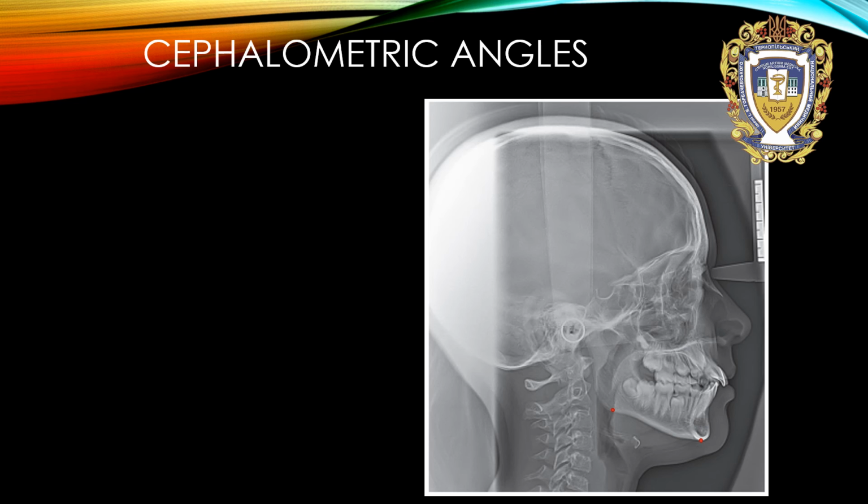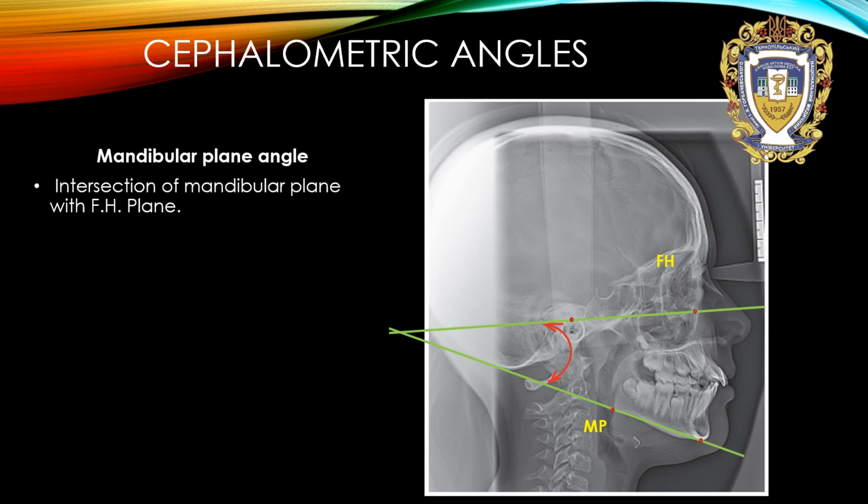And last cephalometric angle, mandibular plane angle. It is intersection of mandibular plane with Frankfurt horizontal plane. Average value of this angle is 21.9 degrees, but from 17 to 28.